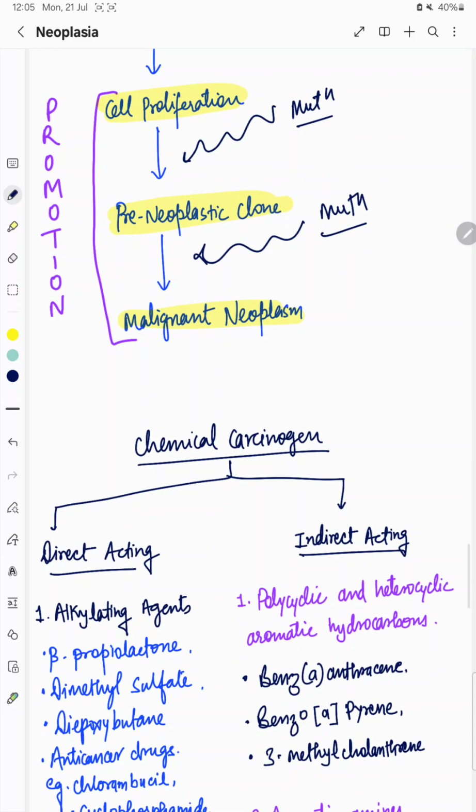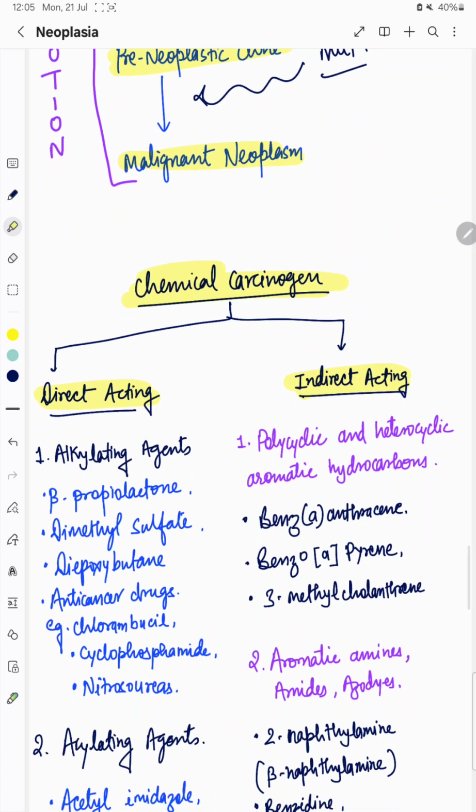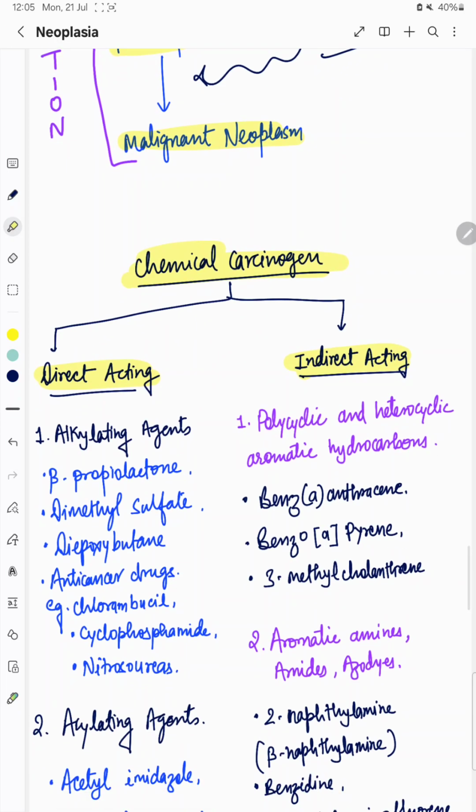Now we will discuss the various chemical carcinogens. They can be directly acting chemical carcinogens or indirectly acting chemical carcinogens. As the name suggests, directly acting chemical carcinogens do not convert or make an intermediate to act as a carcinogen.